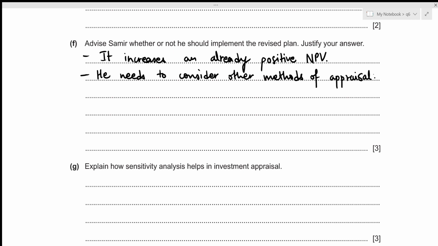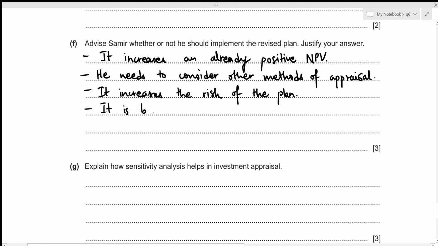Then we can also say that it increases the risk of the plan as it has an additional fixed cost. And finally, we also know that these numbers are based on estimates, so we do not know whether in reality these numbers will hold up. So it is based on estimates.